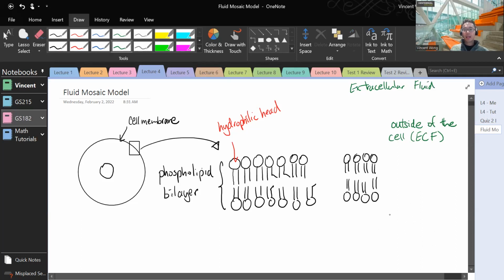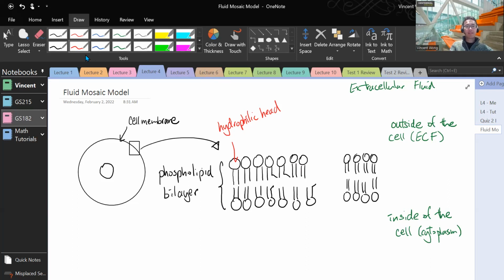Whereas over here we have the inside of the cell. Inside of the cell, which is the cytoplasm, right? So the hydrophilic head is either going to be facing the outside or the inside, both of which is going to be an aqueous environment, a water-based environment.